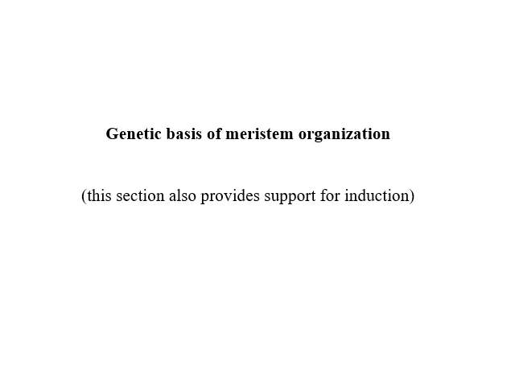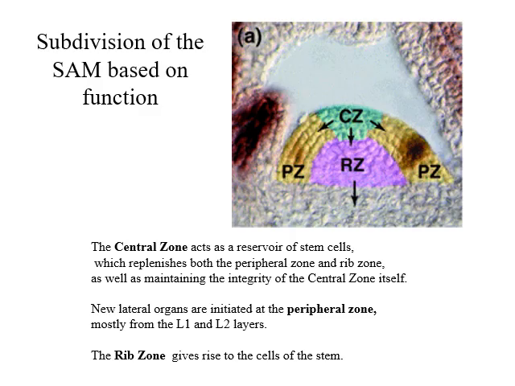So I'm going to go over to the genetic basis of meristem organization and talk about that. So the shoot apical meristem is subdivided based on function. You have a so-called central zone up here that acts as a reservoir of stem cells, and which replenishes both the peripheral zone here and the rib zone as well.